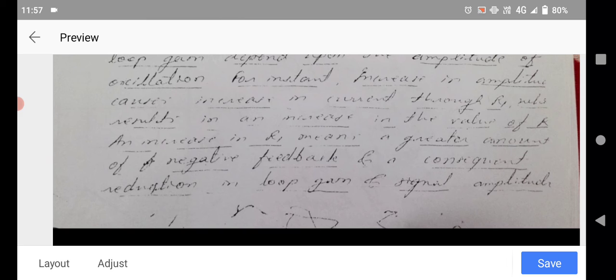And an increase in R1 means a greater amount of negative feedback, and consequently a reduction in loop gain and the signal amplitude.